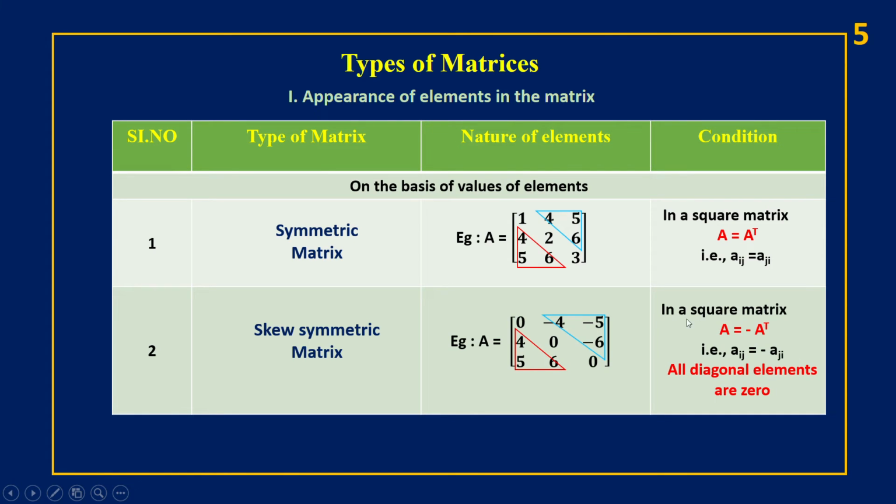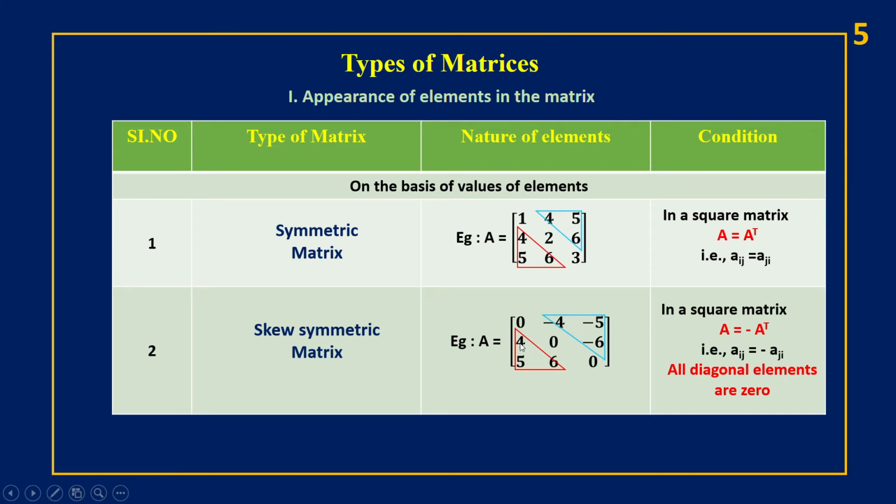So here 4, 5, 6 are there, same values only, but negatives of those values. And see the principal diagonal elements. These diagonal elements are 0 for the skew symmetric matrix. This is the other condition for skew symmetric matrix. We have to see the upper triangle and the lower triangle also. Thus we can represent A equal to minus A transpose.